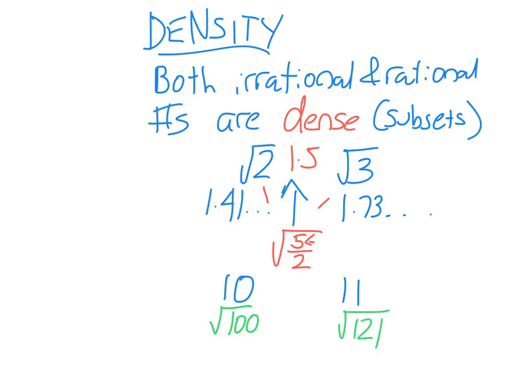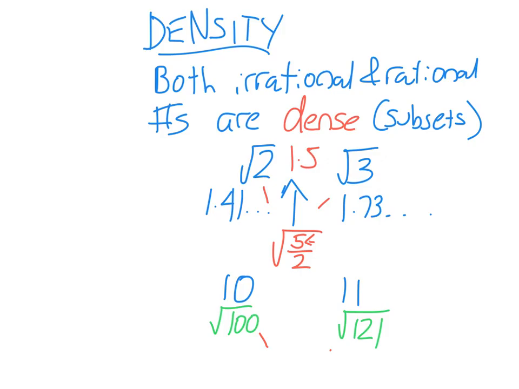To find an irrational number between these two, I can pick the square root of any number between 100 and 121. There are no perfect squares between 100 and 121 because 100 is 10 squared and 121 is 11 squared. And if we square a number that is not a whole number, the answer we get is not a whole number.